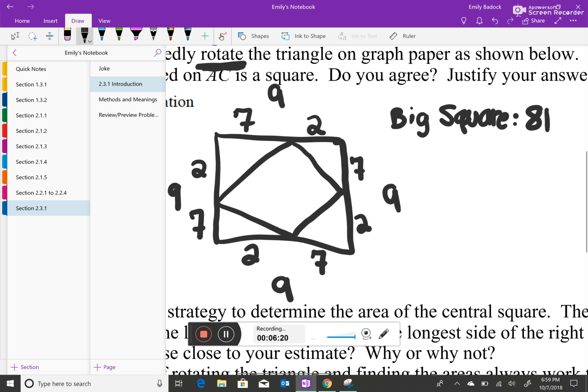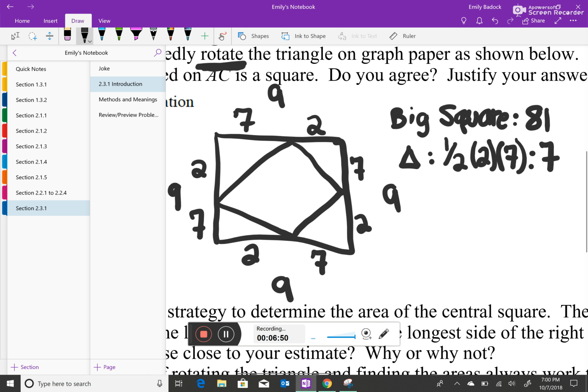And now let's find one of the triangles. Remember, the area for a triangle is 1/2 base, which is 2, times height, which is 7. So 2 times 1/2 is just 1, and then times 7 is 7.